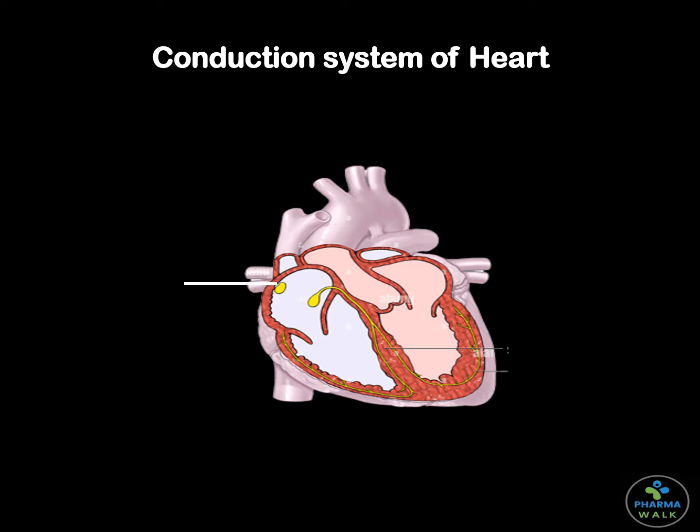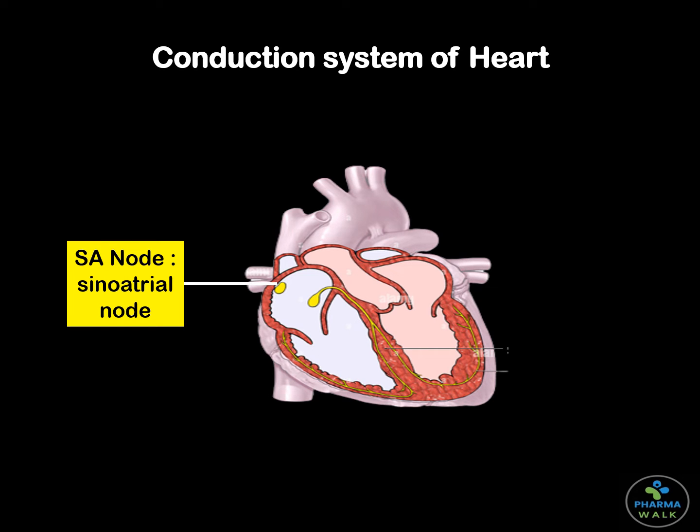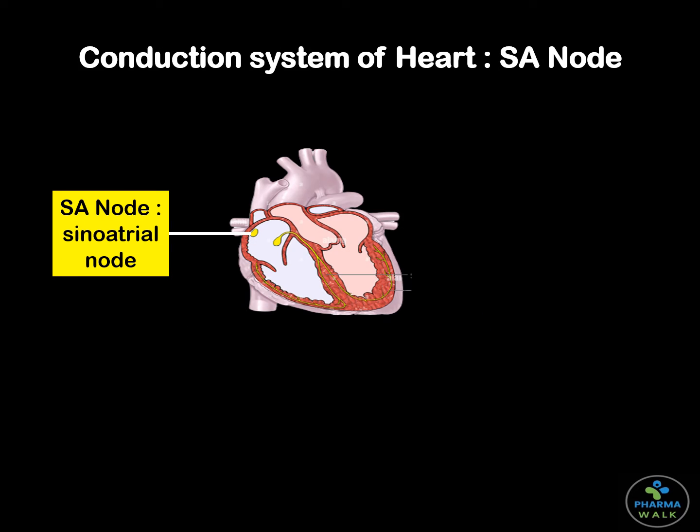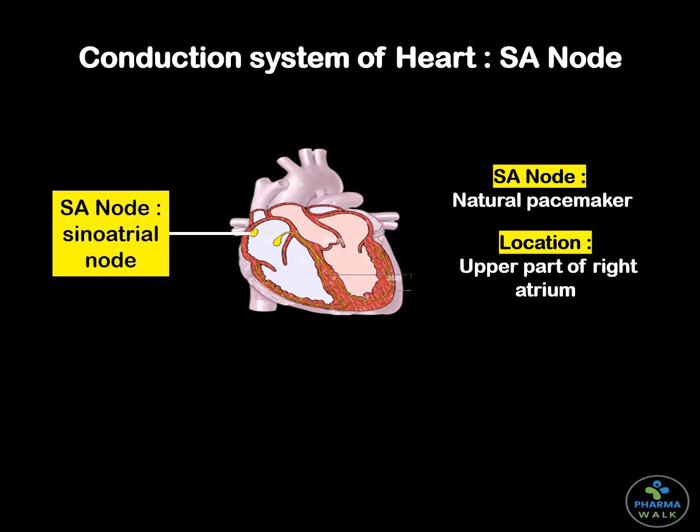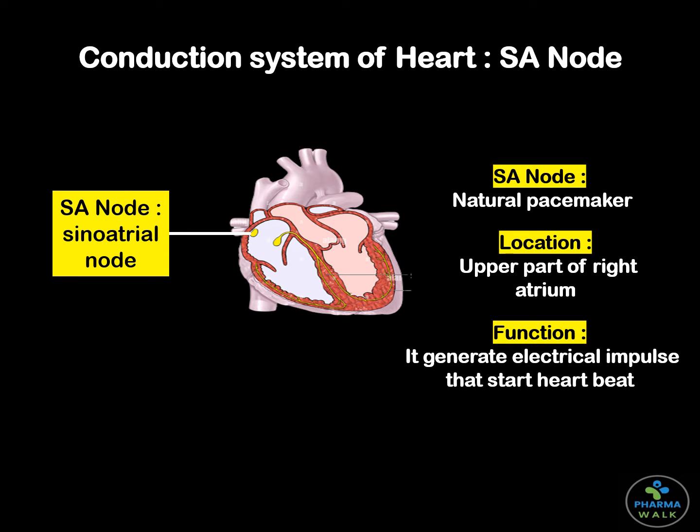So in the heart, one part is called the SA node, the sinoatrial node, which is known as the natural pacemaker which starts the signal. It is located at the upper part of the right atrium, and its main function is to generate the electrical impulse that starts the heartbeat. तो पूरा process start ऐसे node ही करता है which starts the electrical impulse.